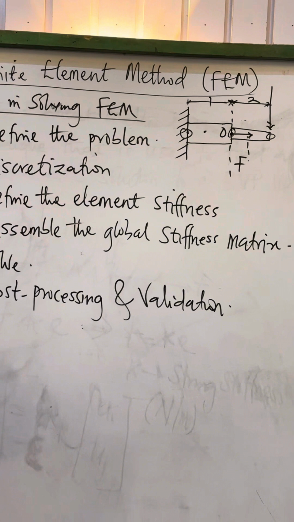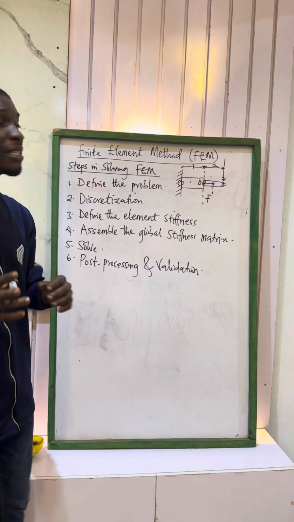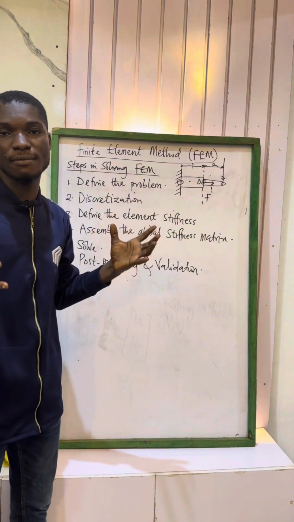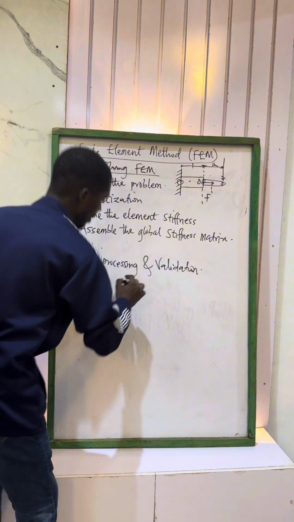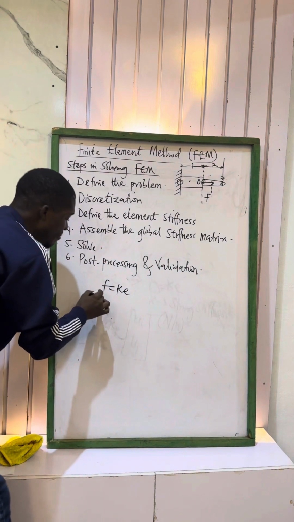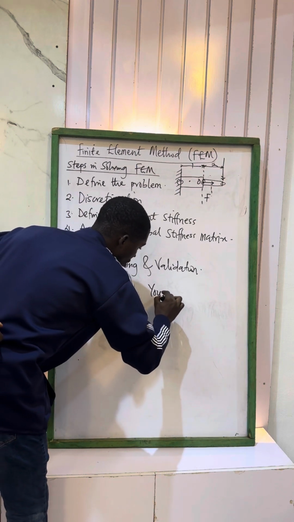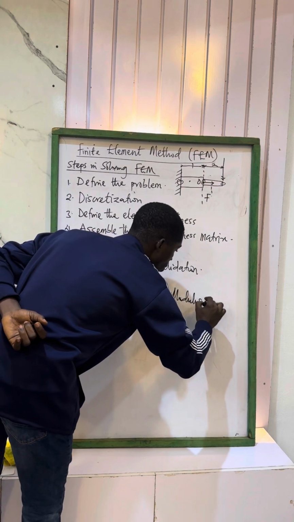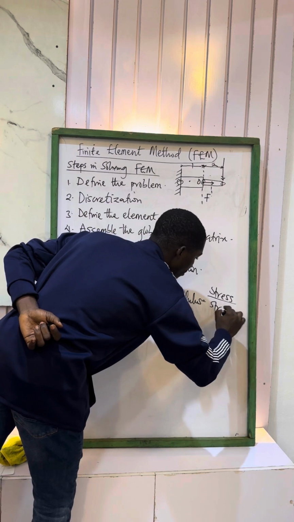So the next step is to define the element stiffness. It means that for each component, you have to define its stiffness. Then how do we do this? You can remember that Hooke's law states F equals Ke. And you can still remember that from Hooke's law, Young's modulus is equal to stress over strain.